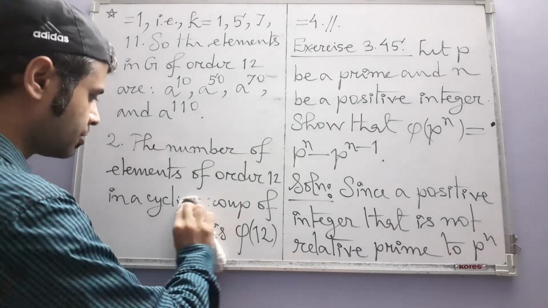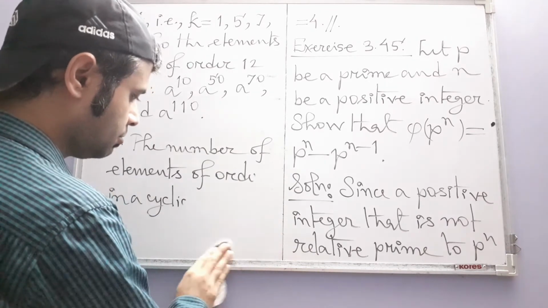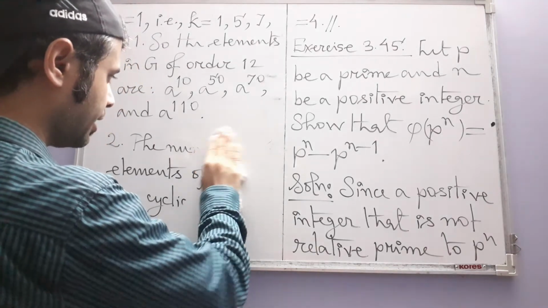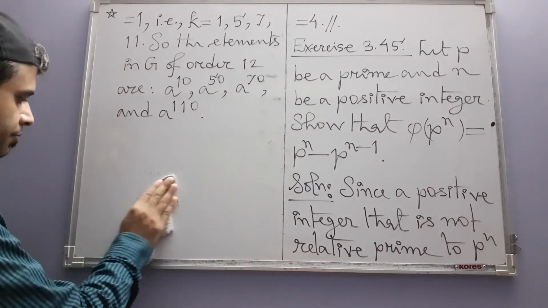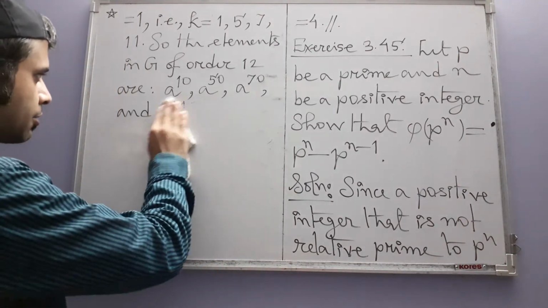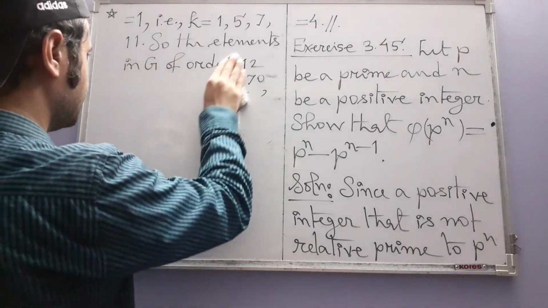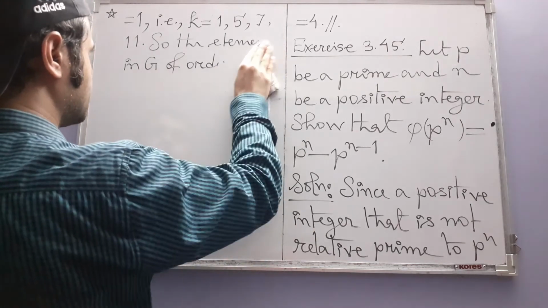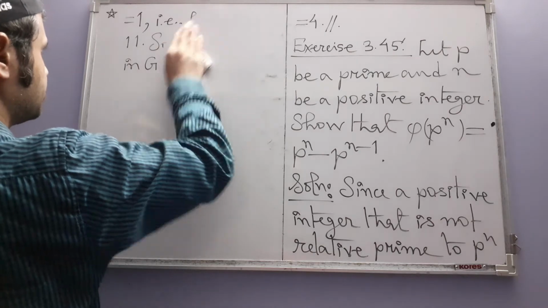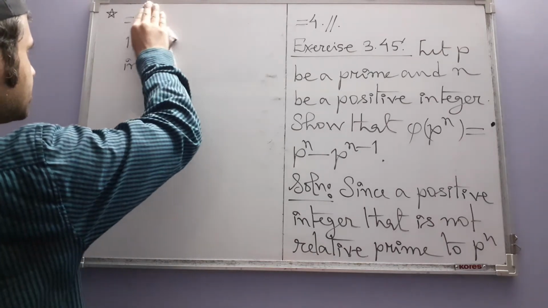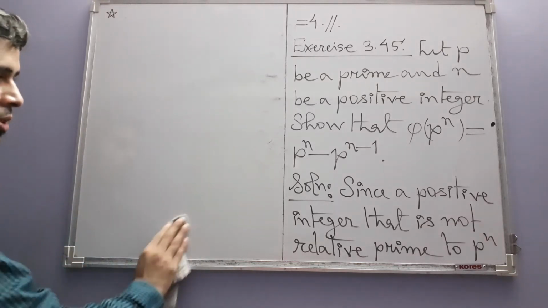So here we are considering those integers which actually are neglected while calculating this value phi of p to the power n. We are considering the exact opposite type of integers, those which are not relatively prime to p to the power n. So their number we are going to subtract from the total number of integers starting from 1 through p to the power n, which is equal to p to the power n.